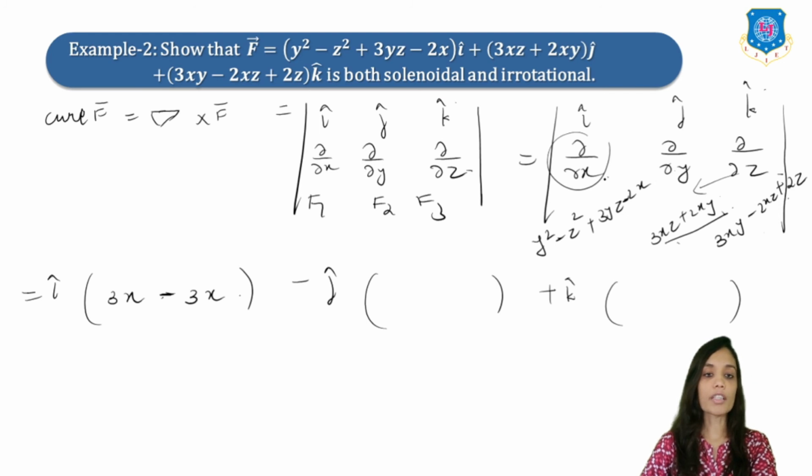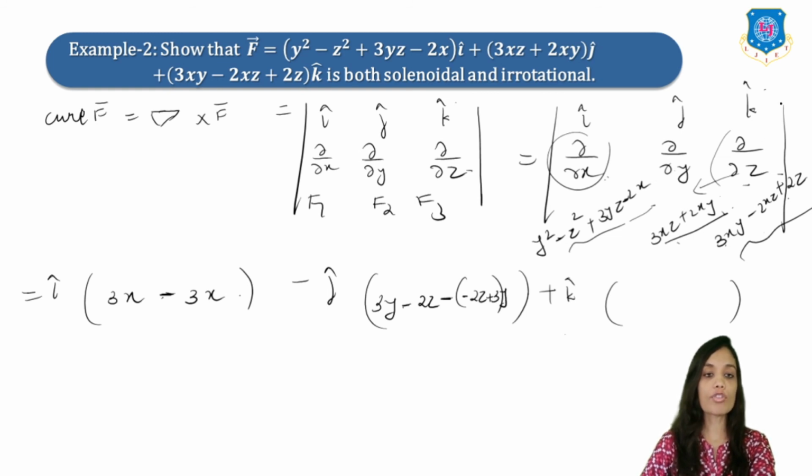That is, you have to find the partial derivative of this function with respect to x. So the answer will be 3y minus 2z. Now minus, and now find the partial derivative of this function with respect to z. So the answer will be minus 2z, okay, and plus 3y, okay.